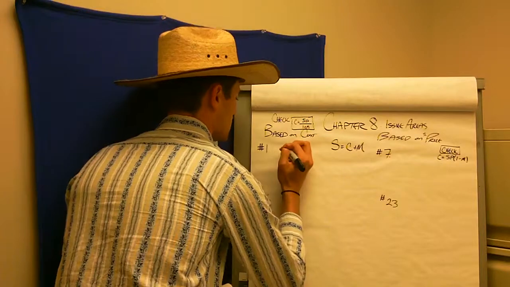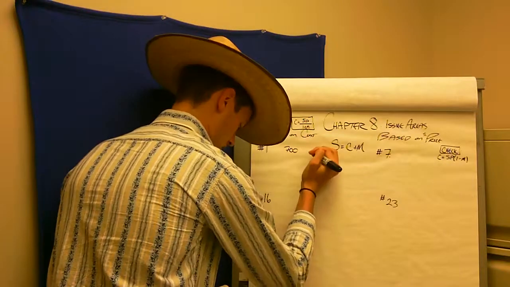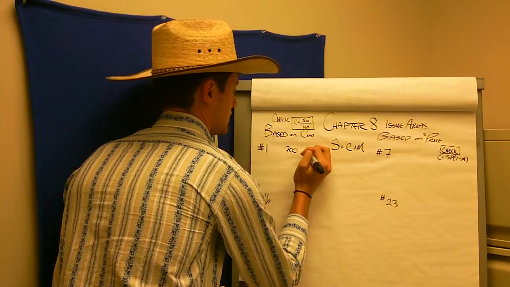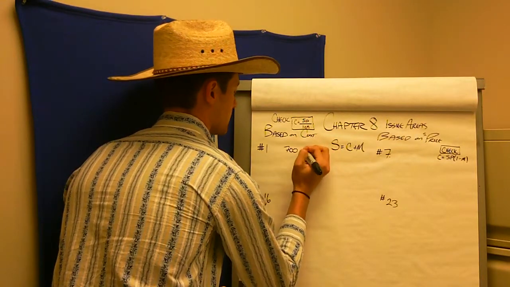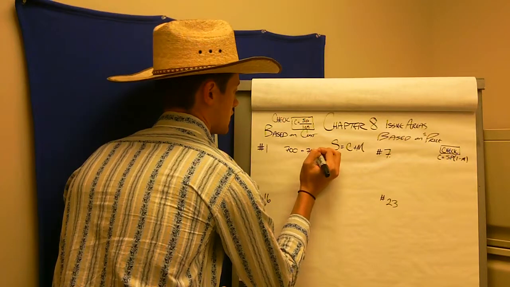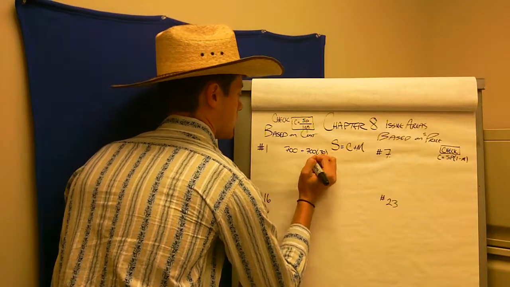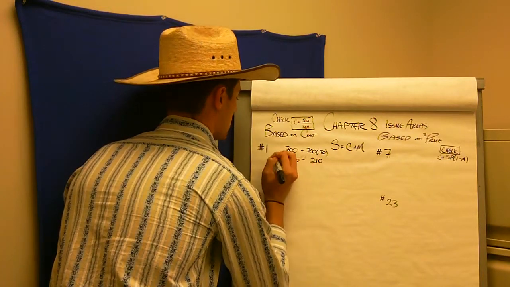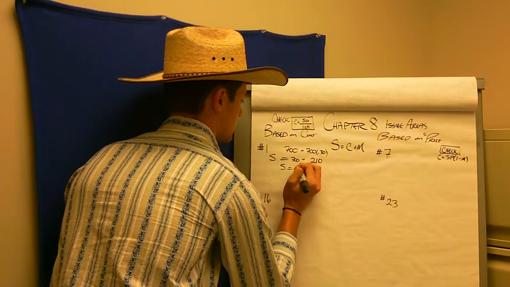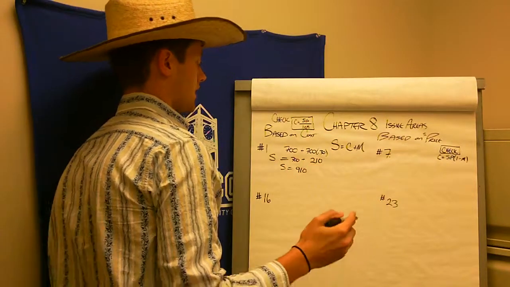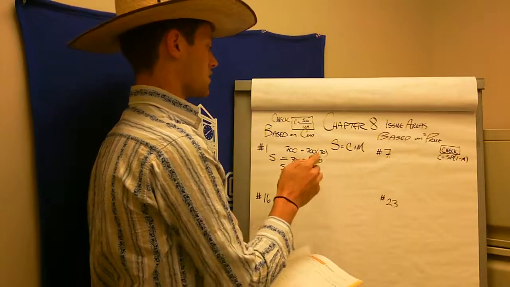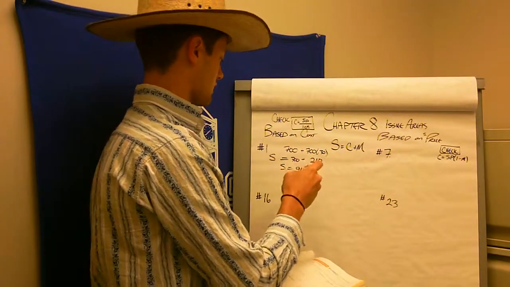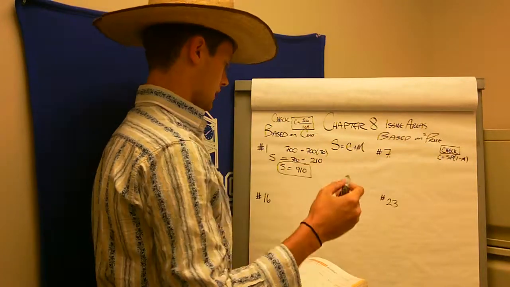The cost was $700 and the markup was 30%, so the markup is 210. 210 plus 700, so our selling price should equal $910.